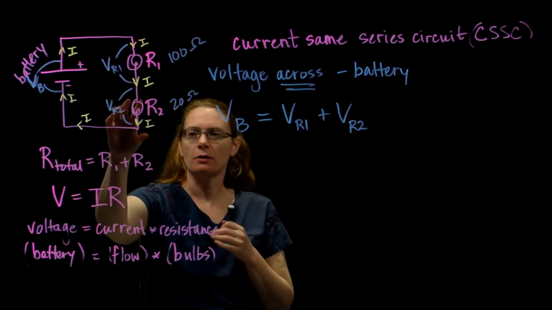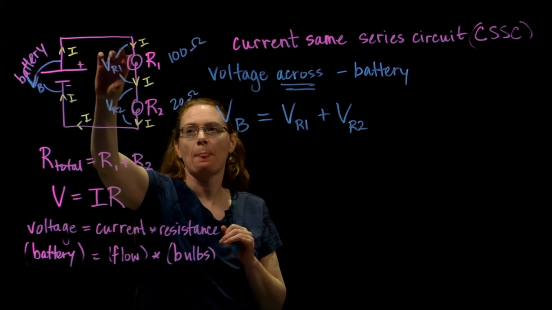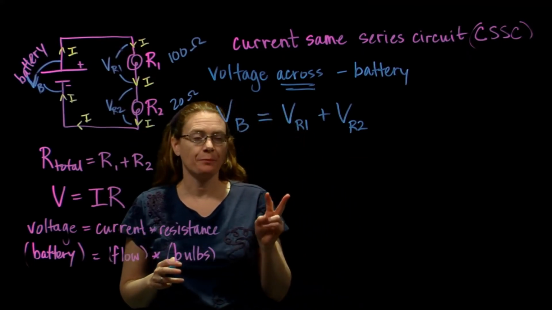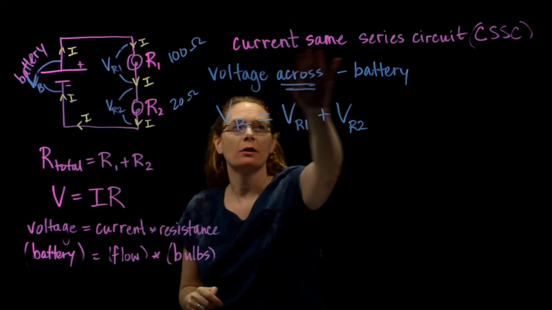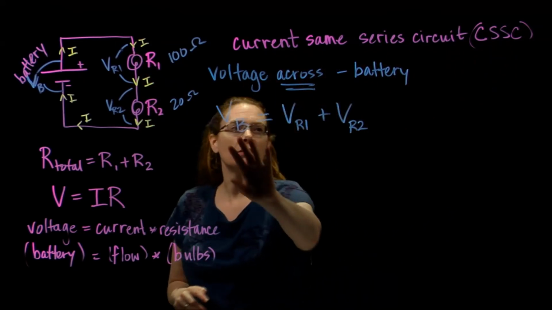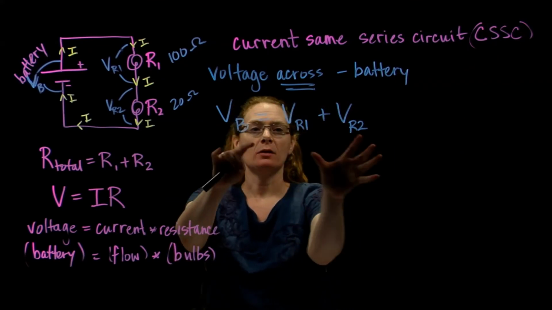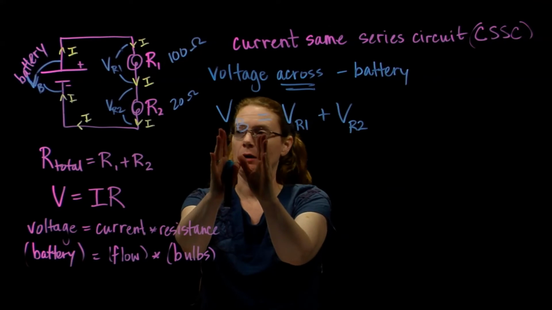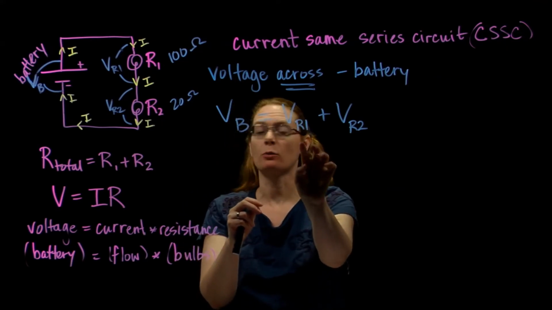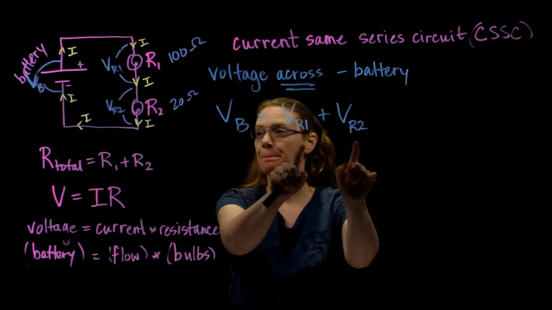It doesn't take as much of the oomph, the push, to get through here, so most of the voltage would end up over here. So the two rules for series circuit problems: the current's the same in a series circuit, and there's your little mnemonic, and then the voltage across the individual components has to add up to the voltage across the battery. So the voltage across the battery has to be equal to the voltage across resistor 1 plus the voltage across resistor 2. These don't have to be the same.